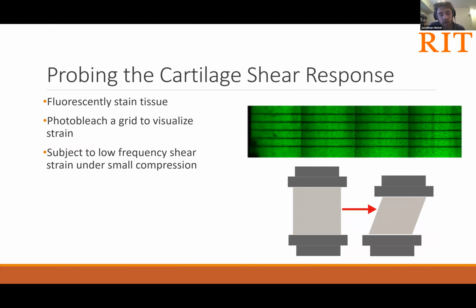So then from there, the protocol is to fluorescently stain the tissue, and then one can photobleach a Cartesian grid into the tissue to track the deformation field. And then the tissue is subjected to a low amplitude, low frequency shear to measure its complex shear modulus.